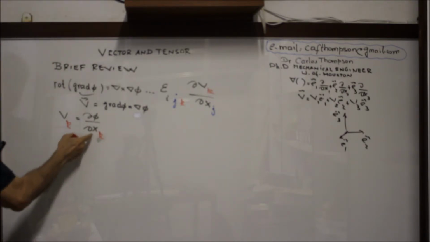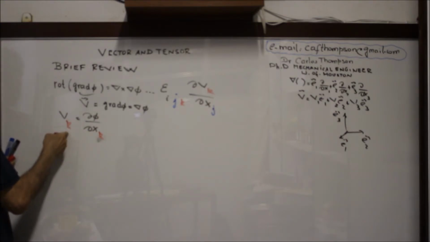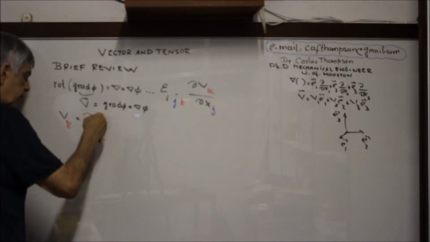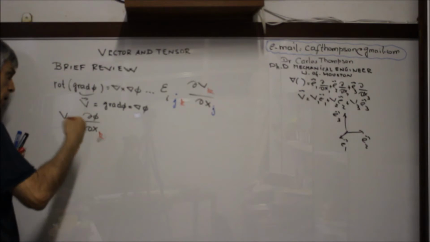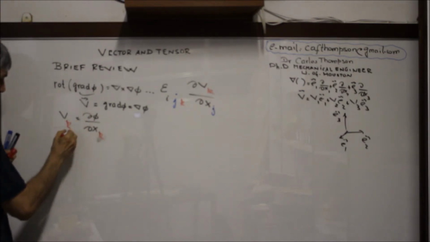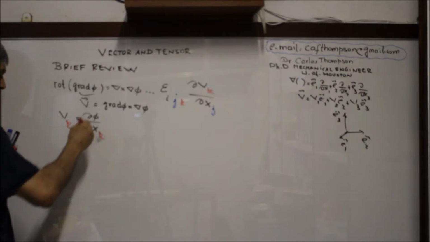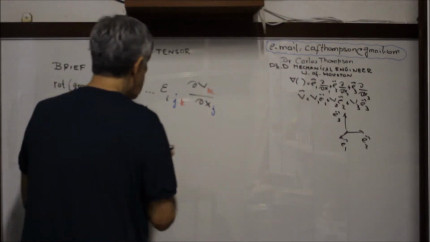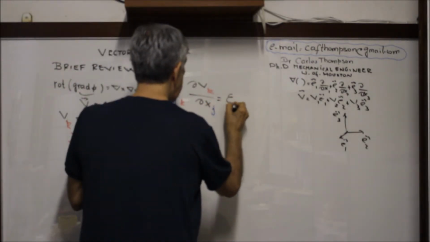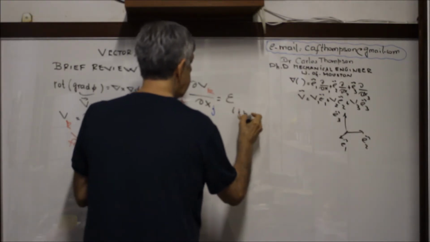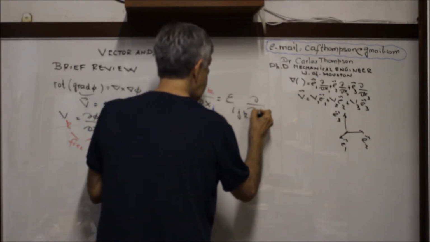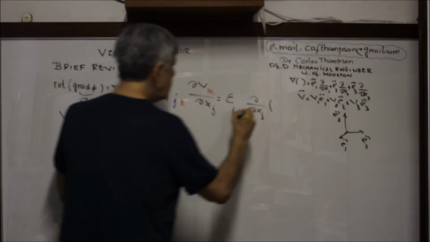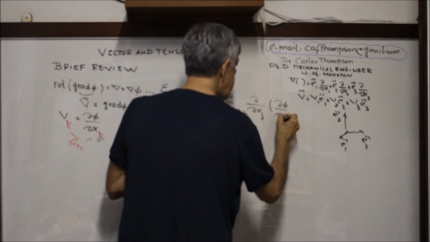See how easy this is, partial derivative with respect to xk. Now, what are the components of this vector? v1, v2, v3. The components are partial phi with respect to x1, and so on, because the index is free. I'll substitute vk over there. So this will be epsilon ijk, partial with respect to xj, of partial of phi with respect to xk.